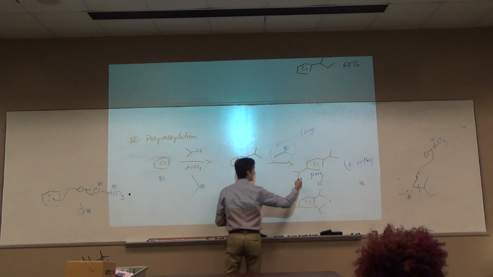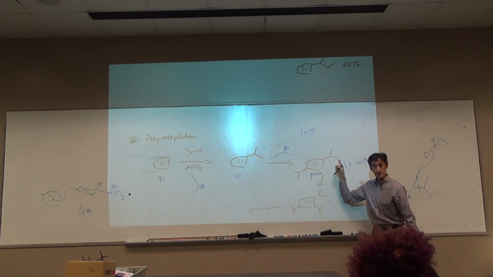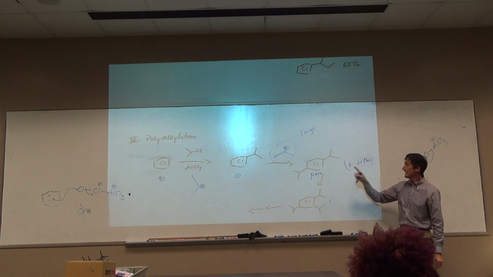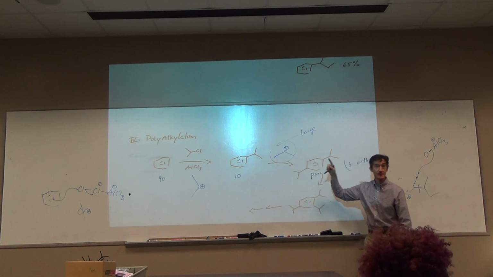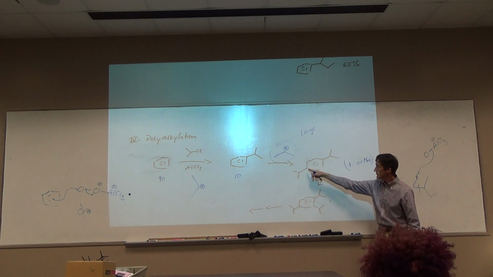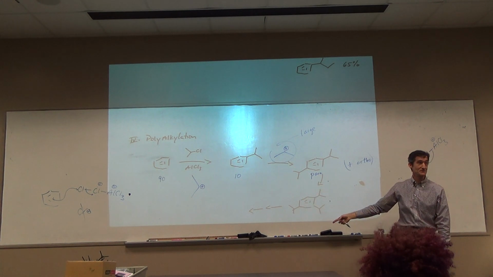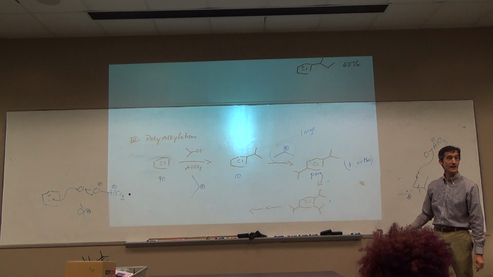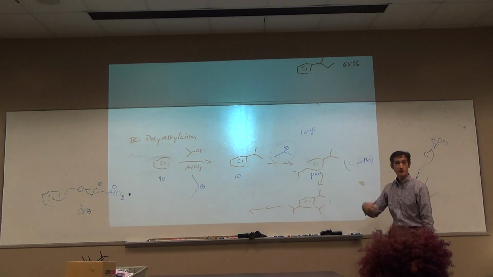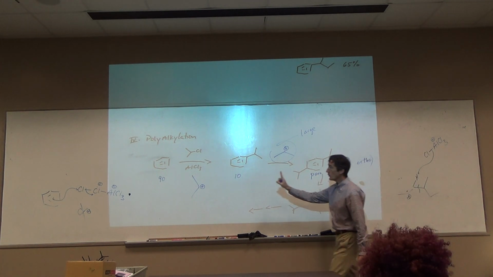And it reacts again. Now we've got two groups. Now this is more reactive than that. Two activating groups. And it reacts again. Now you've got three groups. And it's more and more reactive. And it just keeps on, even if you use one equivalent.